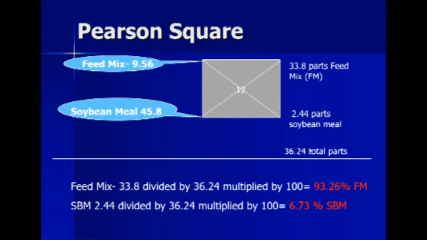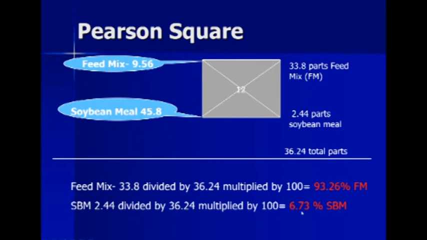But now we have to calculate the amount of individual feedstuff. The soybean is here 2.44, but what about this feed mix? So before going into this, we have to convert it on 100 basis. So feed mix 33.8, which is divided by 36.24, the total parts, multiplied by 100, we get a value of 93.26 for feed mix that contains corn and wheat.